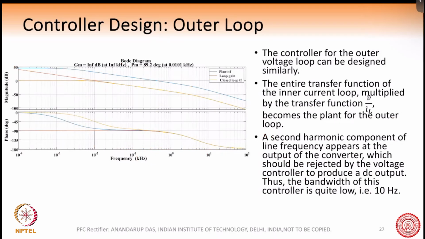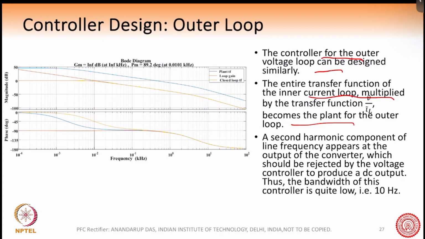So the controller for the outer voltage loop can be designed similarly, and the entire transfer function of the inner current loop multiplied by the transfer function Vi becomes the plant function. So for the outer loop, the inner loop basically becomes the gain of the system.